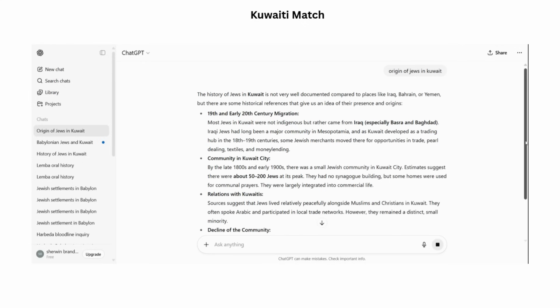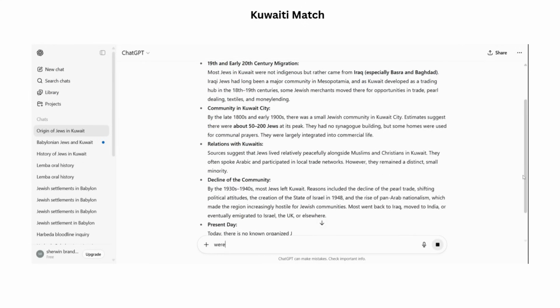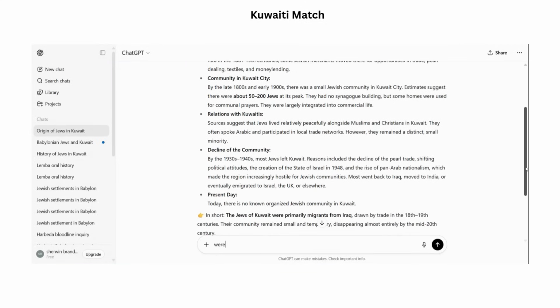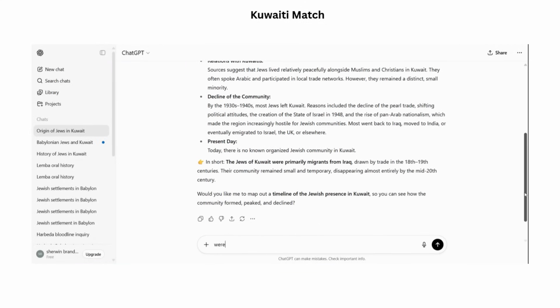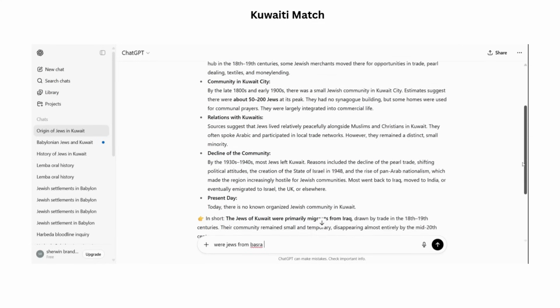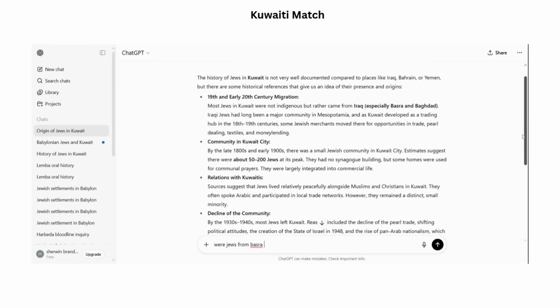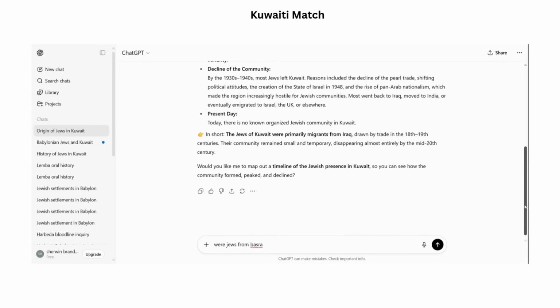So now let's check. It's still going here. Right, so were the Kuwaiti Jews originally from Basra, Iraq?